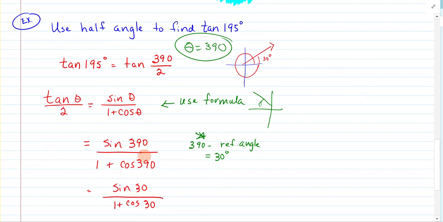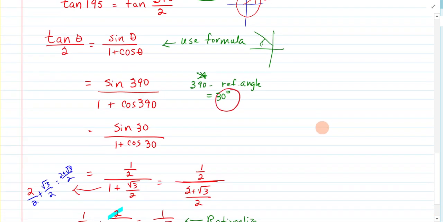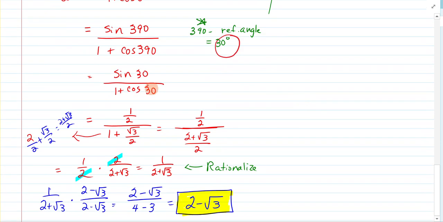Sine of 390 over 1 plus cosine of 390. But remember, we're thinking through 30 as our reference. We just have to remember what quadrant we're in. We do end up being in the first, so everything is positive. So sine of 30 is 1/2. Cosine of 30 is square root of 3 over 2.